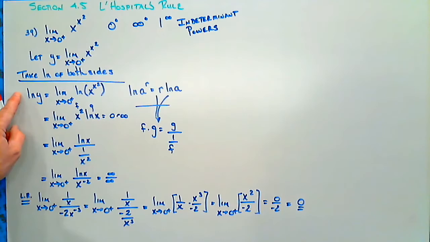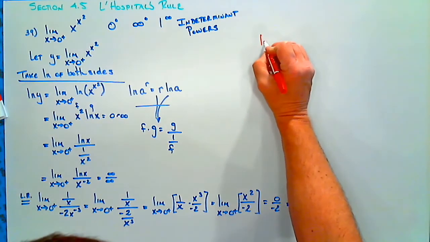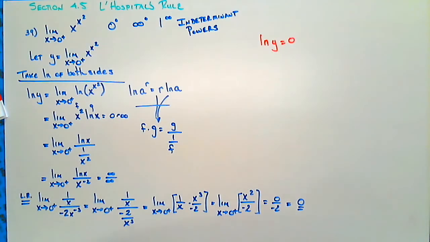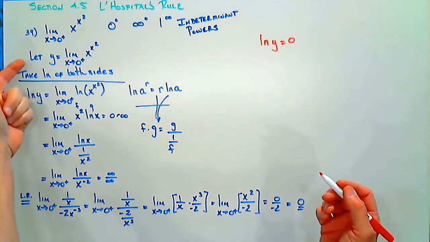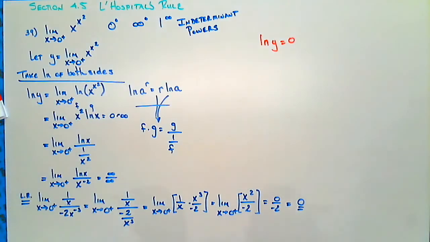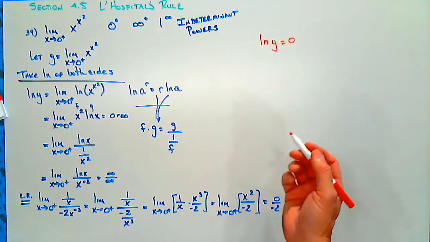Remember, when you take the natural log of both sides, you have to undo that process. Right now, we have the natural log of y equals 0. And so we don't have this. This is y. y is equal to the limit we were asked to find. We have found the natural log of y.